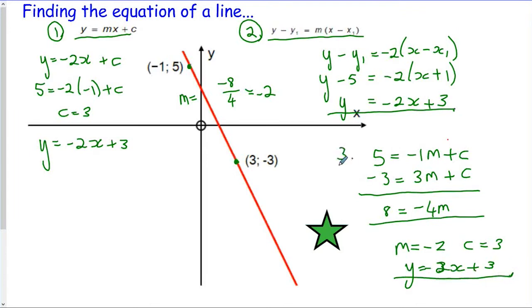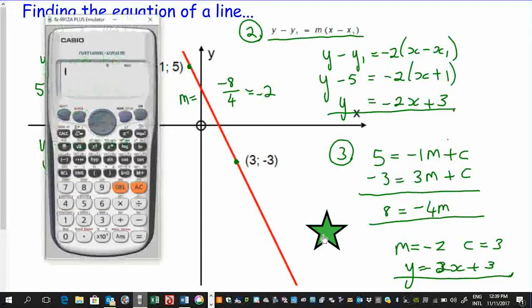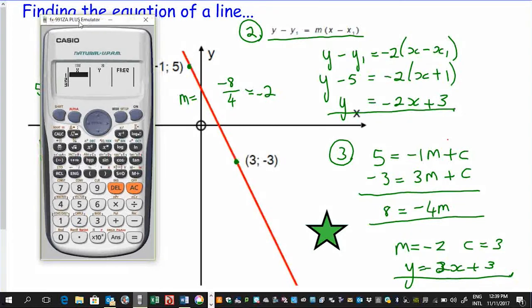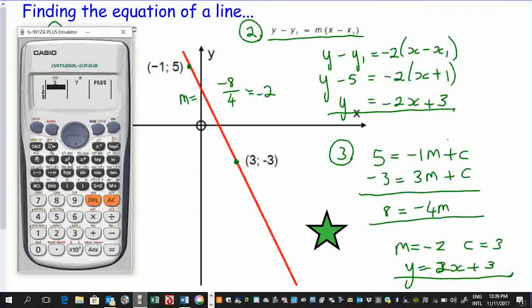And lastly, as you know, our calculator can do a line of best fit through those 2 points. So what I could do is I could just go into mode, stat, and I'm going to choose option 2, same one that we use for line of best fit in the stats module, which we'll talk about later.